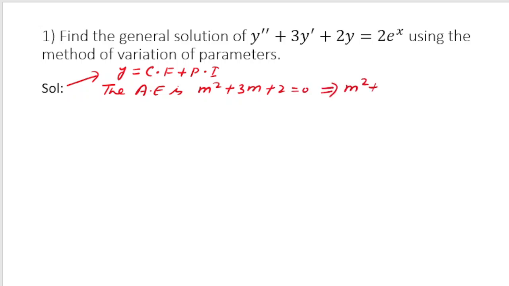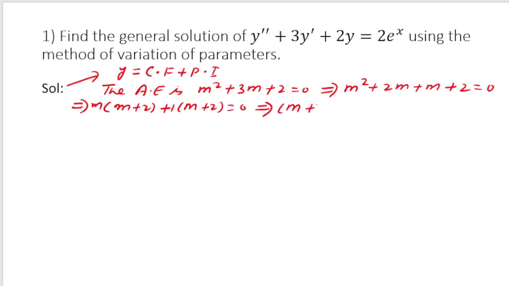M square plus 2m plus m plus 2 is equal to 0. This will give me m common, m plus 2, and plus 1 common, m plus 2 is equal to 0. So this gives m plus 2 into m plus 1 is equal to 0. So m is equal to minus 2 and minus 1.